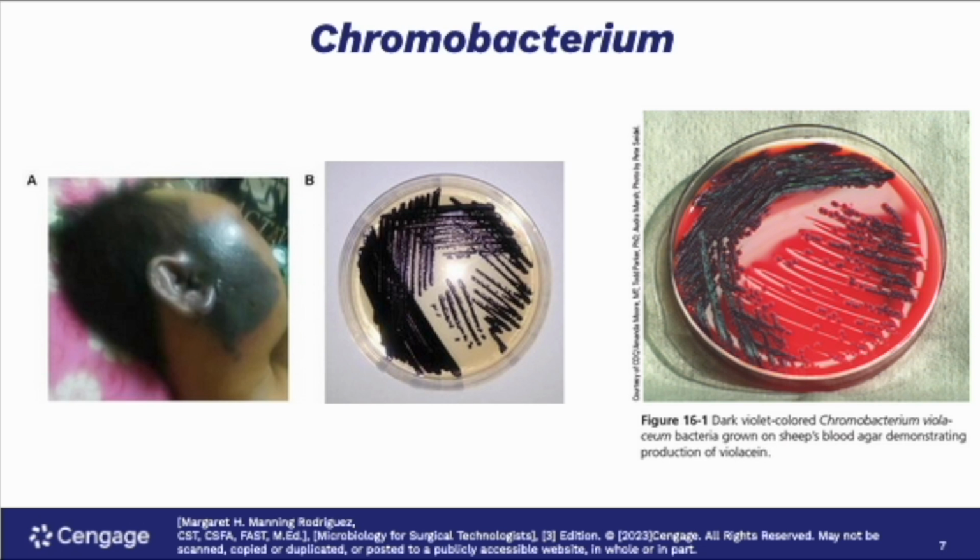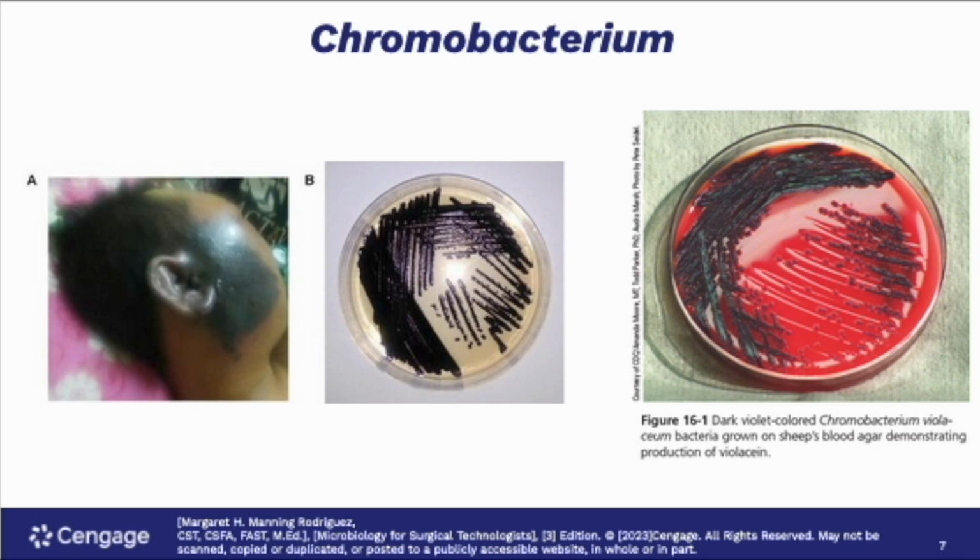Chromobacterium is a genus in the beta class. Now, the bacteria are large. They are curved or rod-shaped. They're gram-negative. They are motile, meaning they're moving, and they can survive with or without oxygen. The main species, C. violaceum, produces a violet pigment and is the only microbe that produces this pigment and causes infections in humans.